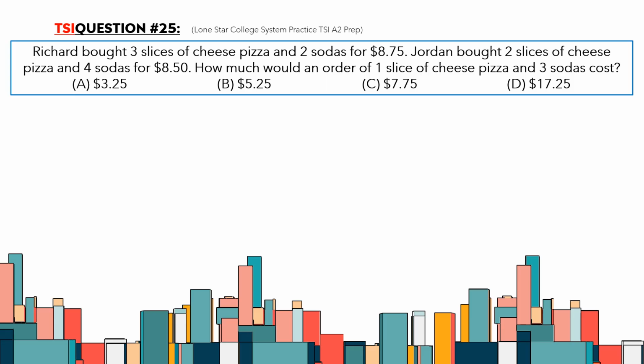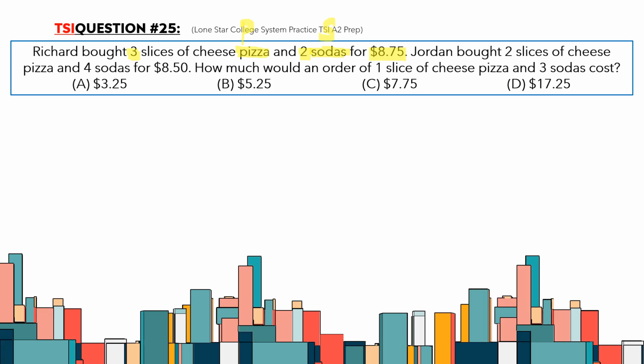So let's highlight the given information. We have 3 slices of cheese pizza; I will denote the slice of cheese pizza as P. Then we have 2 sodas; I will denote the soda as S. The total amount for those is $8.75.